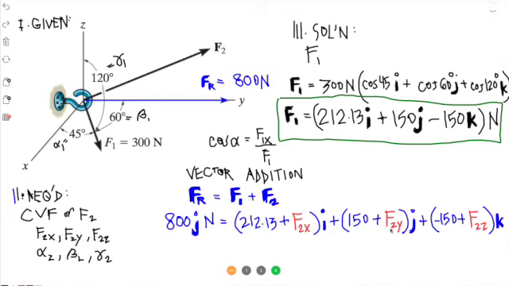For the y component, we equate it to 800 since the only component our resultant has is y. For z, we will also equate it to 0 since there is no z component in the resultant. Let's transfer that to another page.